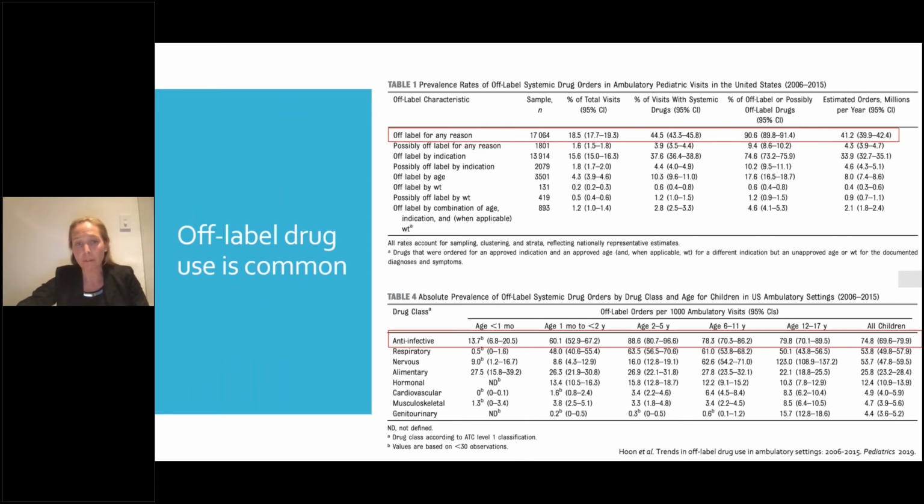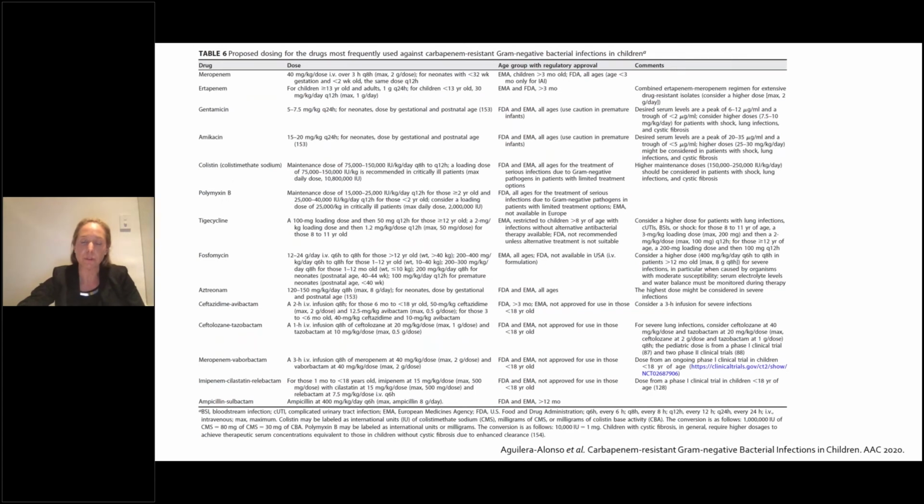When we look at off-label drug use in America, we can see from this publication last year that of 17,000 outpatient children that were assessed for their prescriptions, about 90% of the medications were prescribed off-label. And when we look in the bottom table there of the different drug classes that pertained to, we can see that anti-infective agents were by far and away the most frequently off-label prescribed medication for children in America.